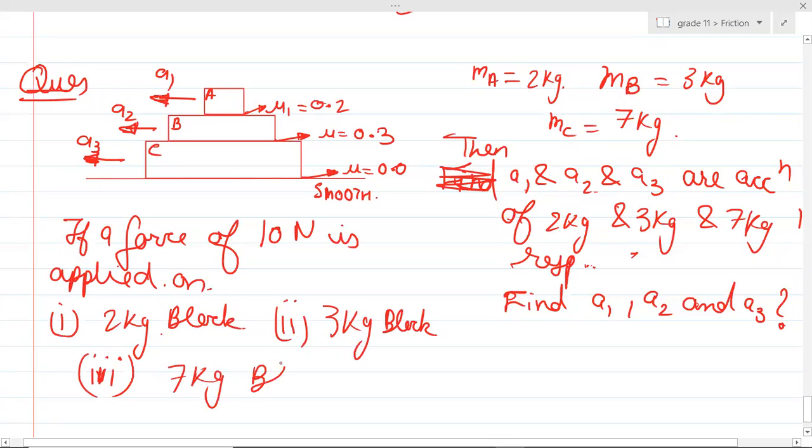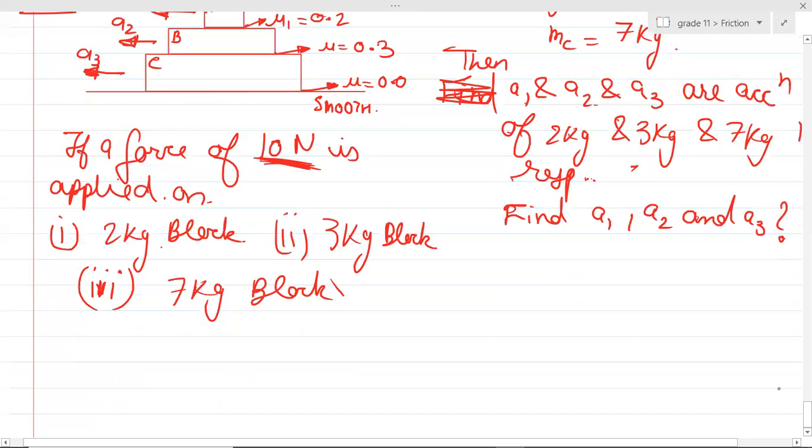So basically in one case you will apply a force F on this A block. In the second case you will apply a force on the B block, and in the third case you will apply force 10 Newton. In every case the force is basically 10 Newton on the C block, and tell exactly what will happen.